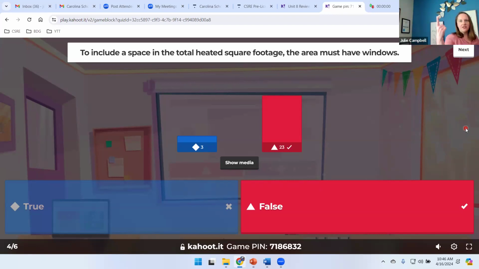It's got to be finished. It's got to be heated. And it's got to be directly accessible. In order for us to count it in the total heated living area, we have to have heated, finished, and directly accessible. Questions on this one?